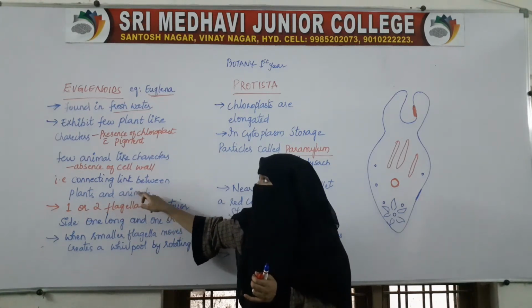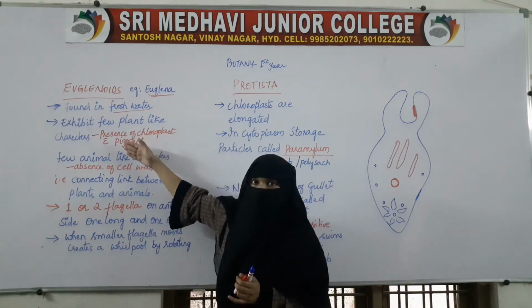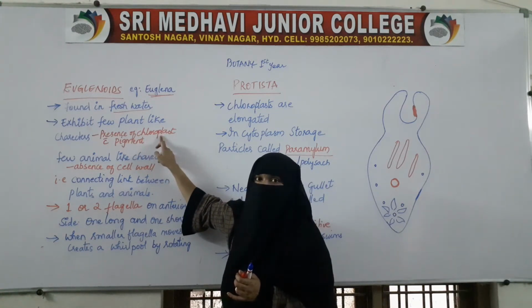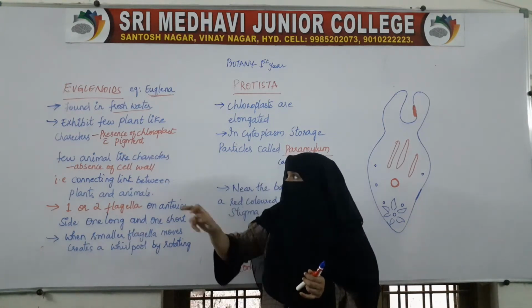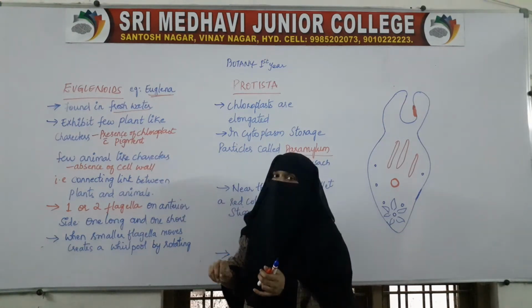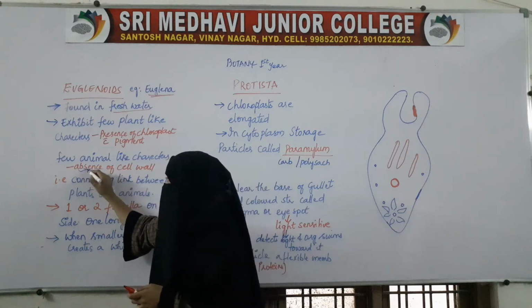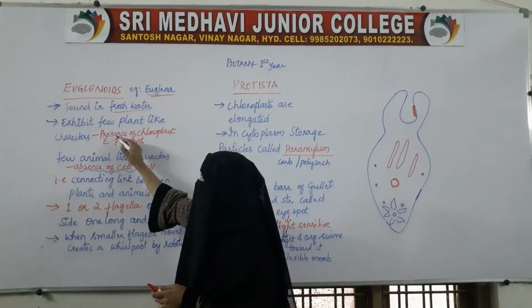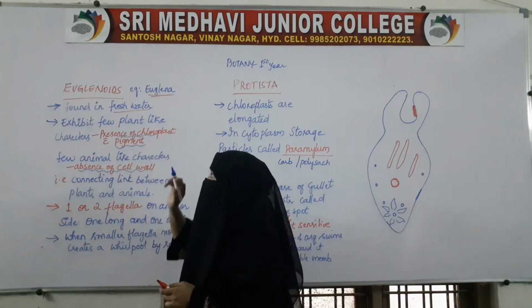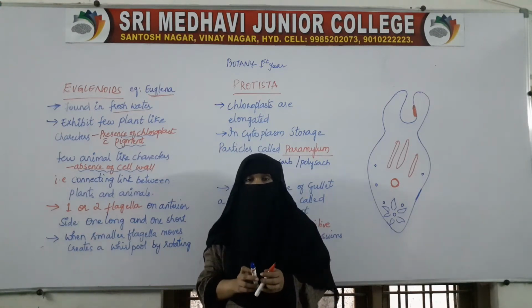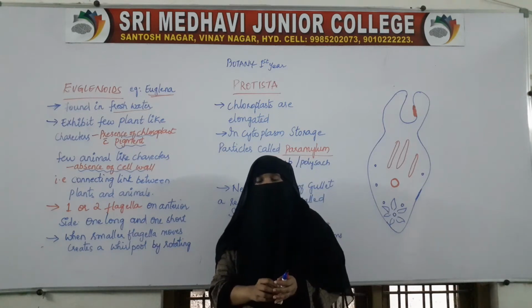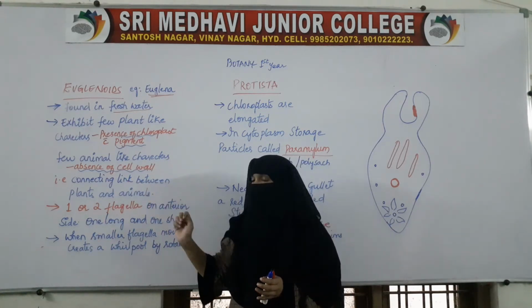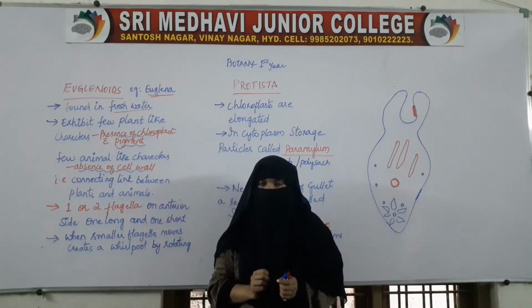Because it shows a few plant-like characters, that is presence of chloroplast with chlorophyll, and a few animal-like characters, that is absence of cell wall. So, that is why Euglenoids, or Euglena, is said to be a connecting link between plants and animals.